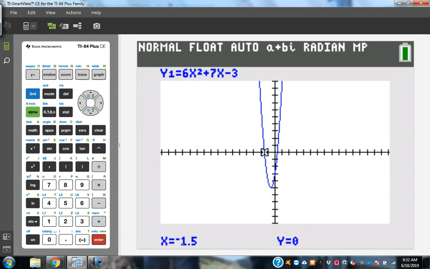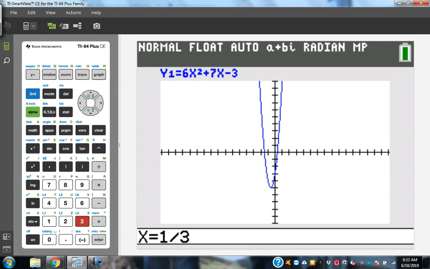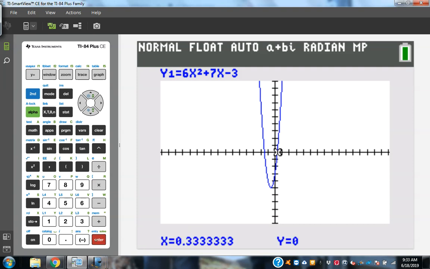Your calculator will automatically do that. And then I'm going to type in trace 1 divided by 3 for the 1/3, and I bet the cursor ends up right there on that spot. And it does, right there where it's crossing the x-axis. So that's two ways you can check to make sure you're finding the right answers.